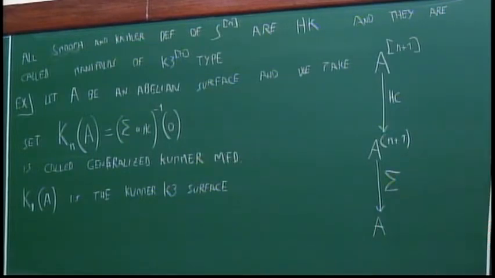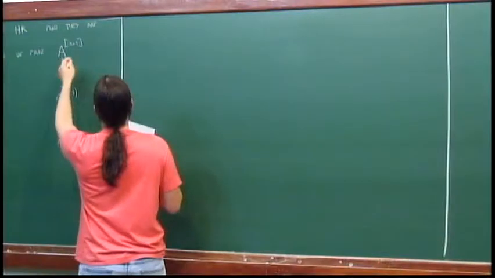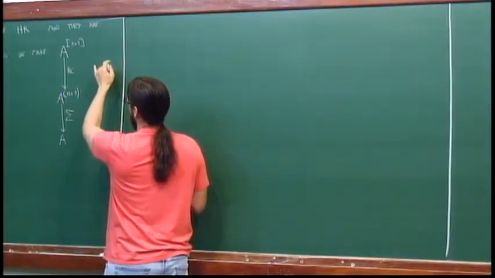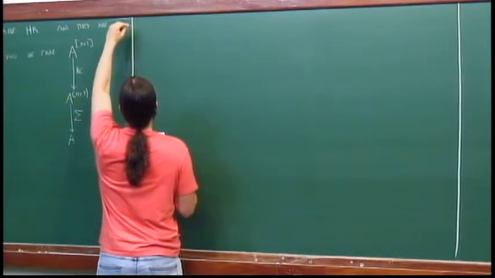Okay. So already in the examples, there seems much in common with the K3 surfaces. And indeed, the main tool I will be using is the so-called Beauville-Bogomolov-Fujiki form.